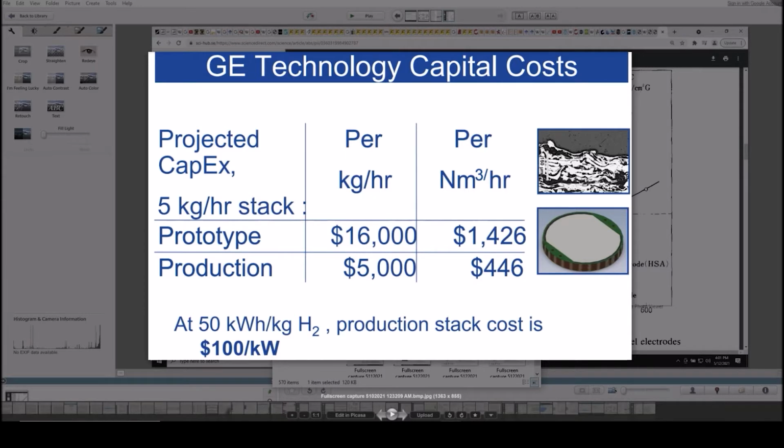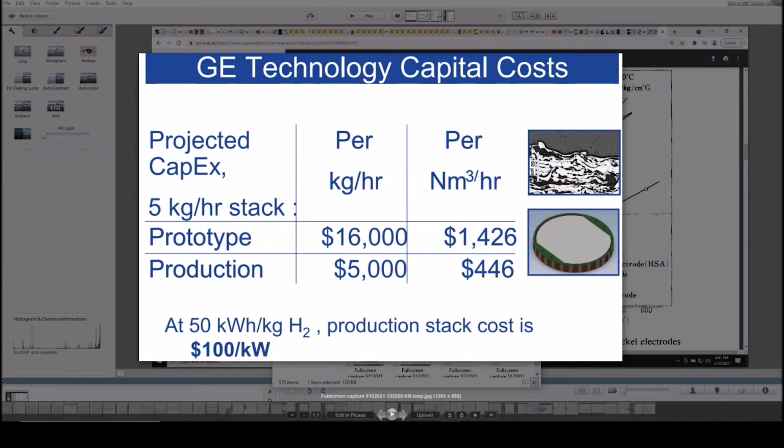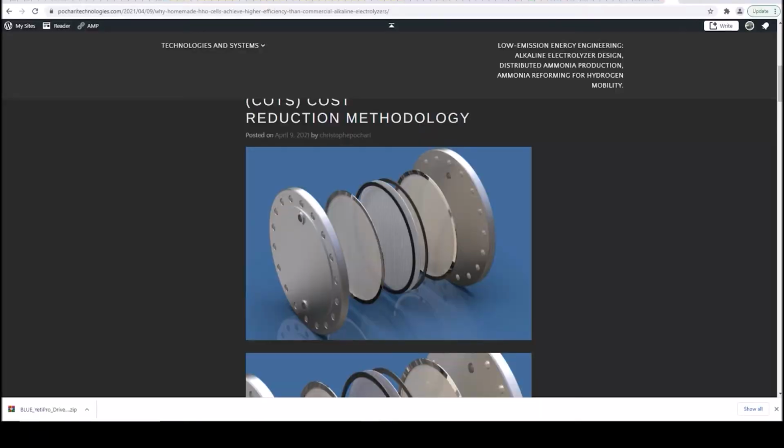But what's interesting is if you compare that cost to the total material contribution, so you add up the amount of nickel used, the diaphragm separator, the gaskets, and all the other components, the end plates, you actually find that the number is a lot lower than that.